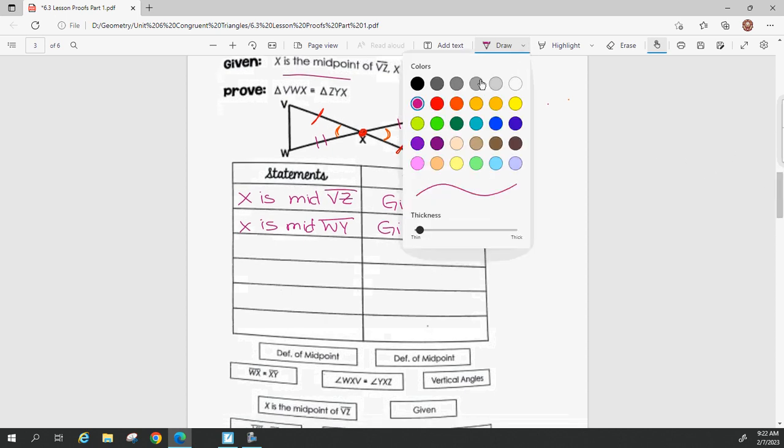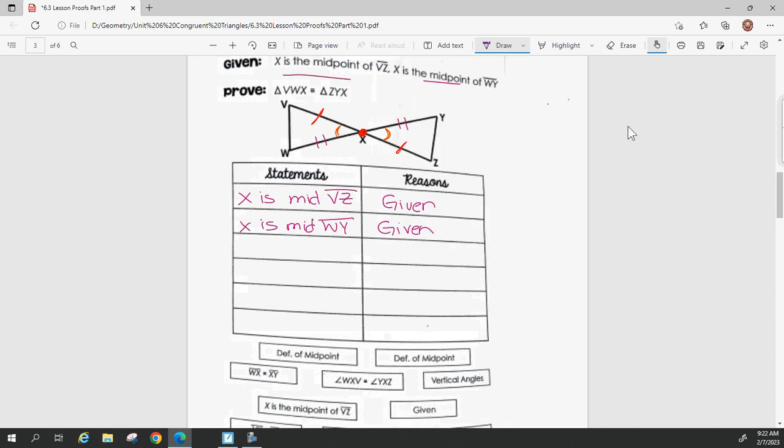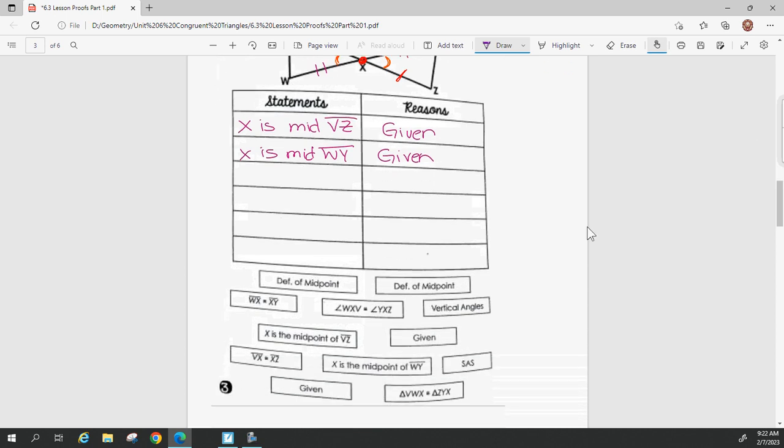And so now I want to write in my proof, well, that given information allowed us to mark some things up. So what is it that we marked up? So I want to say something about VX and XZ, and we have that down here. I'm going to say that VX is congruent to XZ. And we knew that because X was the midpoint, so we can say definition of midpoint.